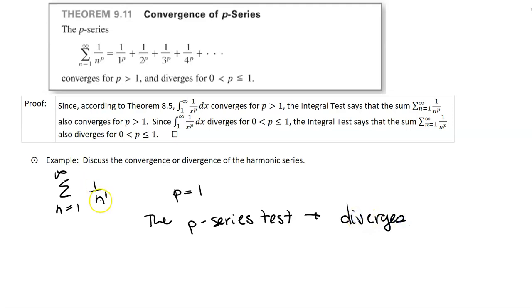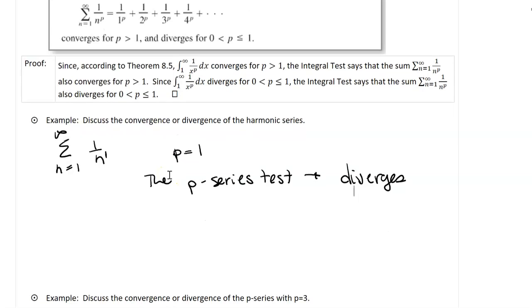Notice that the limit as n approaches infinity of 1 over n does go to 0, okay? So that's an example of why the nth term test cannot guarantee convergence. It can only guarantee divergence. So you'd have to use the p-series test here.